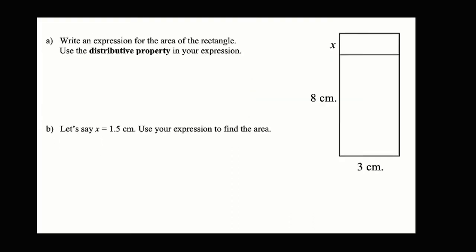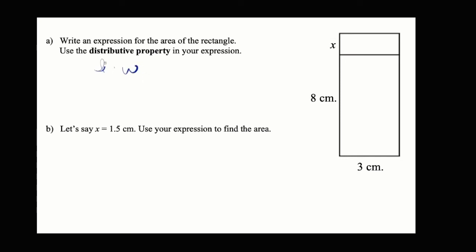All right. Last questions here. So let's say I have a rectangle, and one of my dimensions is 3 centimeters, the other one is 8 centimeters plus x. So I have to write an expression representing the area, and I have to use the distributive property. So usually my area is length times width.